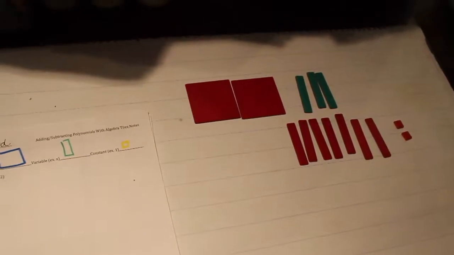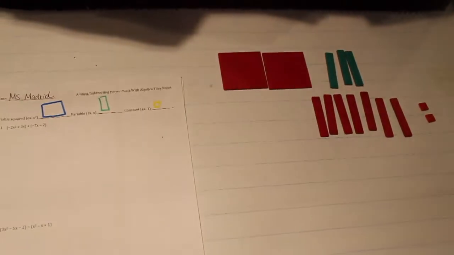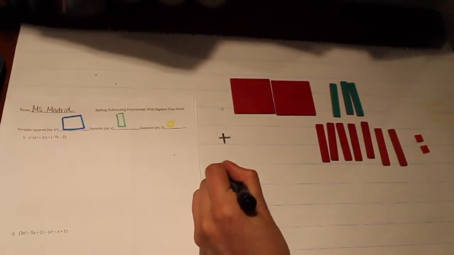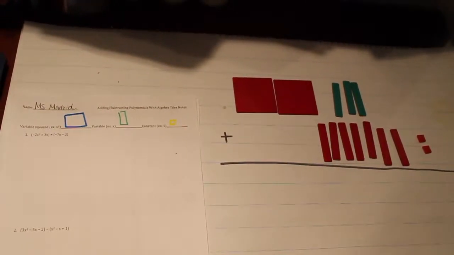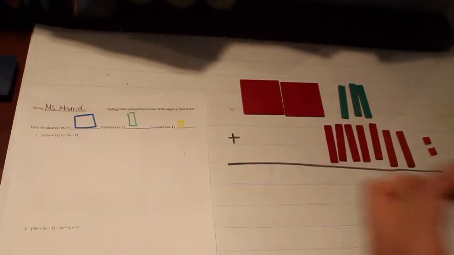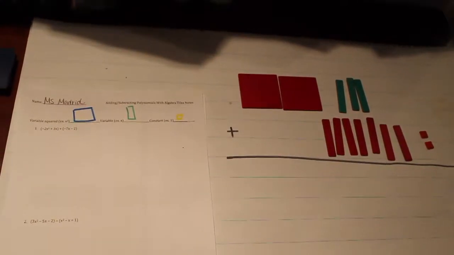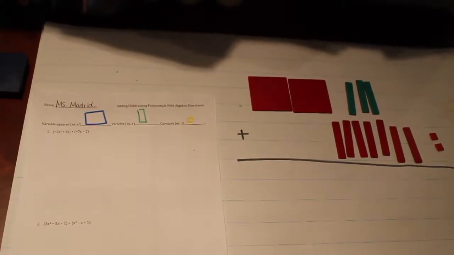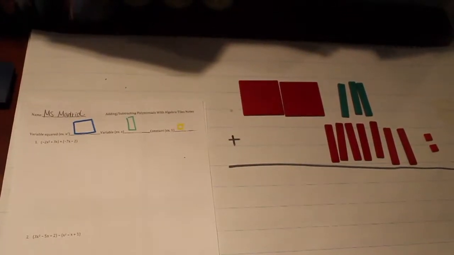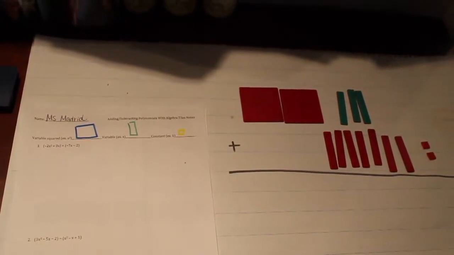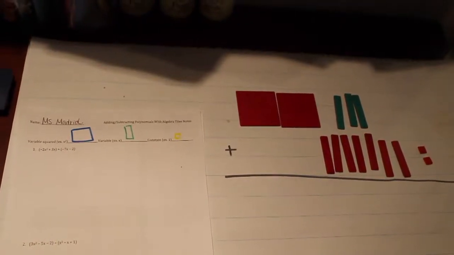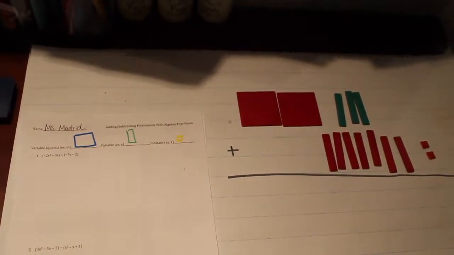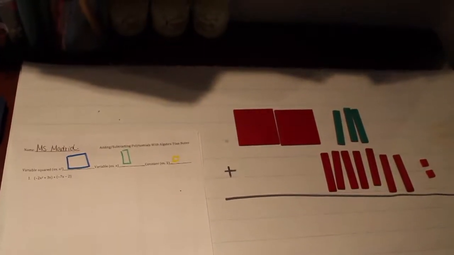Okay, so the problem says we want to add them, so let's put an addition sign and a line underneath. So let's copy this down onto our notes using colored pencils or markers.